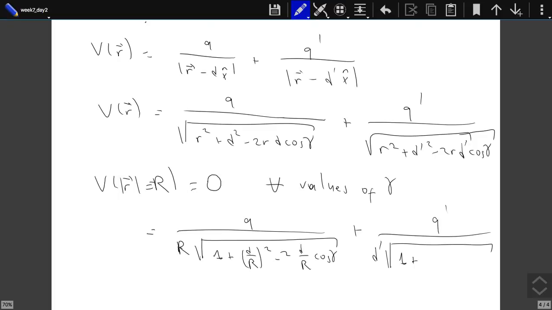Let me take the larger of the distances out from both of those square roots. So the larger distance is d. Here the larger distance is r.